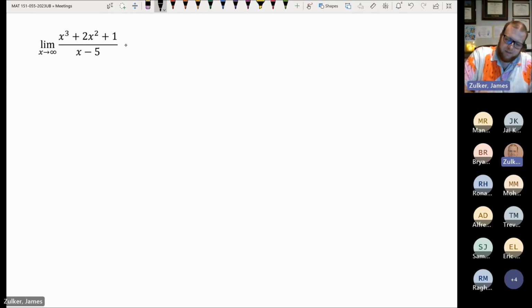So we're going to look at this. Start with the numerator. Take an extremely large number and cube it. It's extremely large, right? It's even larger. Take an extremely large number, square it, and then double it. It's again an extremely large number, an infinitely large number, if you will.